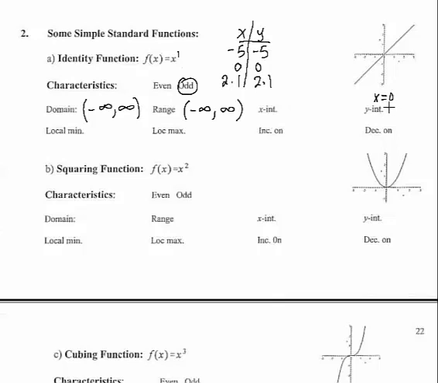So it passes through the origin, so that would be our y-intercept, and it would also be our x-intercept. A lot of times we might say x-intercept x equals 0, or y-intercept y equals 0, or you could say b equals 0.